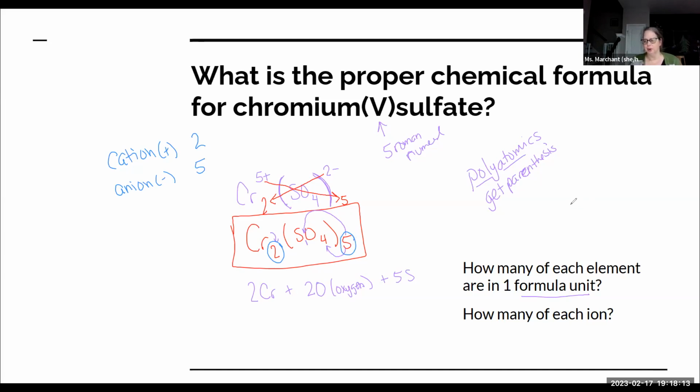If there was no parentheses, NaOH, put the parentheses back in just so that you can see the division. We have 1 sodium and 1 hydroxide. The hydroxide, again, is the polyatomic, and again, in this case, is the anion. So even though sodium hydroxide is written without parentheses, if you put them in, it's helpful when you're doing these items like counting or molar mass.